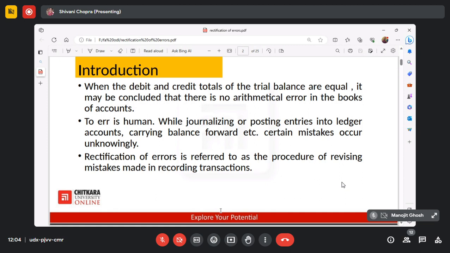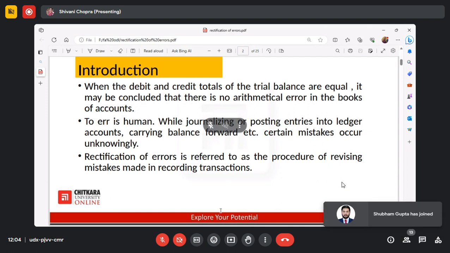How do we ensure that? There are different ways of ensuring that, but one of the ways is that the debit balance and the credit balance of the trial balance must be equal. And that is the first indication that there is arithmetical accuracy in the books of account.